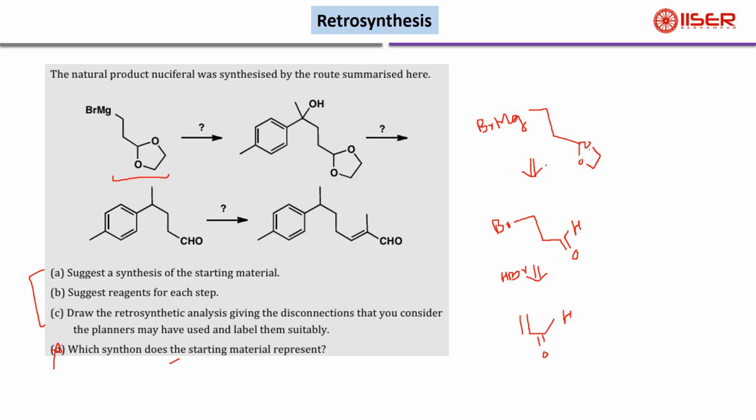After that, if you perform the Grignard preparation reaction by using magnesium and ether, you will get this Grignard as our product. Sorry, first you have to protect the aldehyde group. First you have to protect the aldehyde group by ethylene glycol.